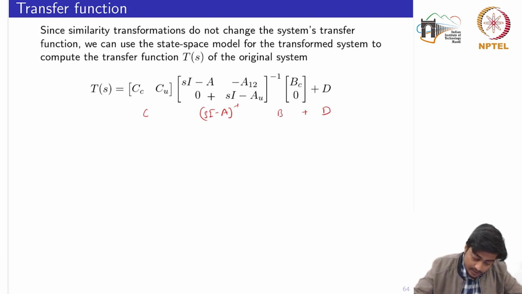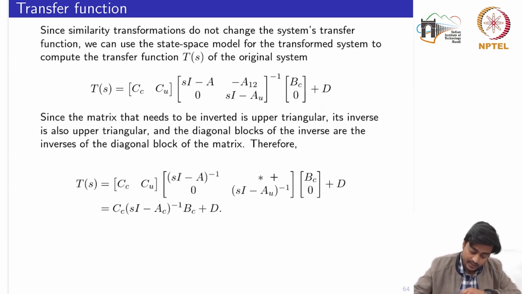Since it's an upper triangular matrix, the inverse of this matrix would be the inverses of these diagonal elements at least, and this off-diagonal element needs to be computed, but it is of no use to us because the multiplication of this with this would be zero. So finally we would have Cc (sI minus Ac) inverse Bc plus D.